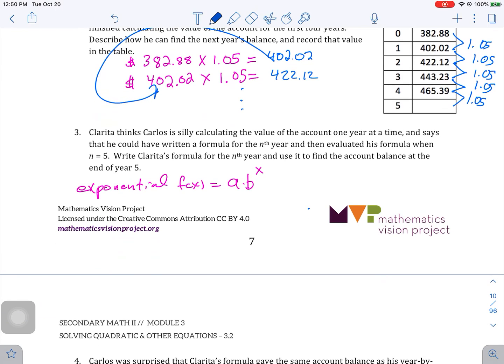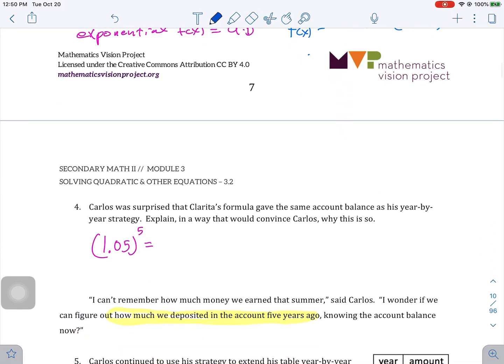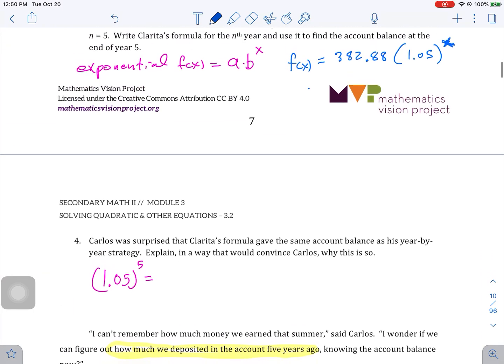Clarita uses an exponential function because if you're multiplying by the same factor, it's an exponential relationship. So in this case, our starting point is 382.88. And we're going to multiply by 1.05 for however many years there are. So it's the years that is the variable here. And Carlos was surprised, but it worked out that way.